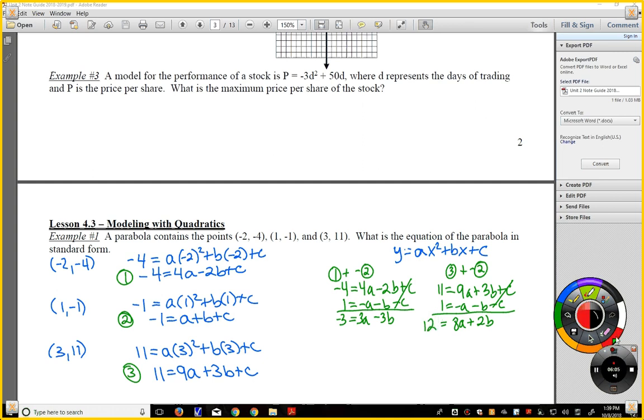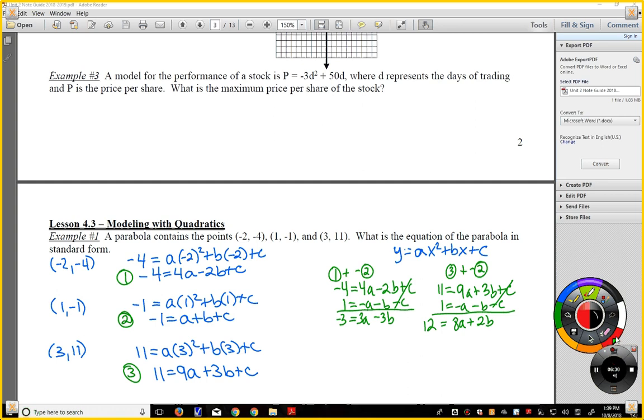All right, so what do you guys want to do at this point? What do we do when we get to this point and we're trying to solve for these 3 variables? Yeah, Aubrey? Perfect.